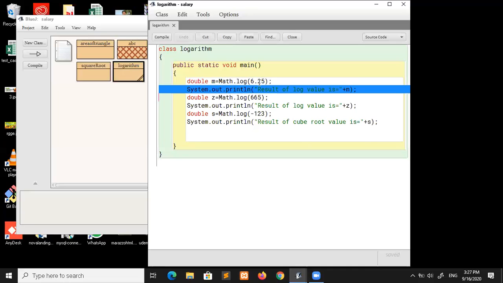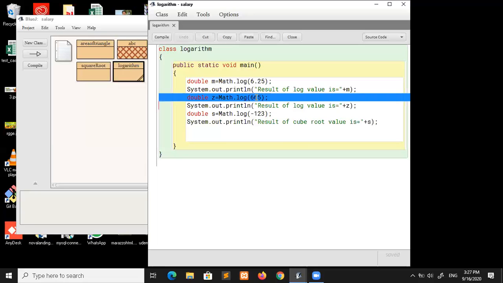In the first variation, I have used floating points, a decimal number. Next one, 665, that is a positive number. And the last one is minus 123, which is the negative number. So three different variations are there.